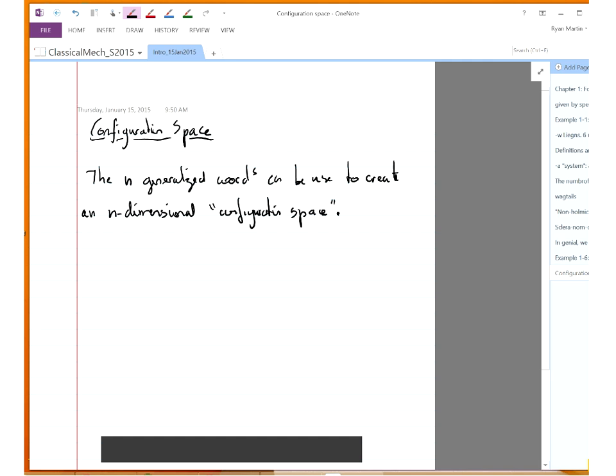So if you have one particle in three-dimensional space, configuration space is the same as space.